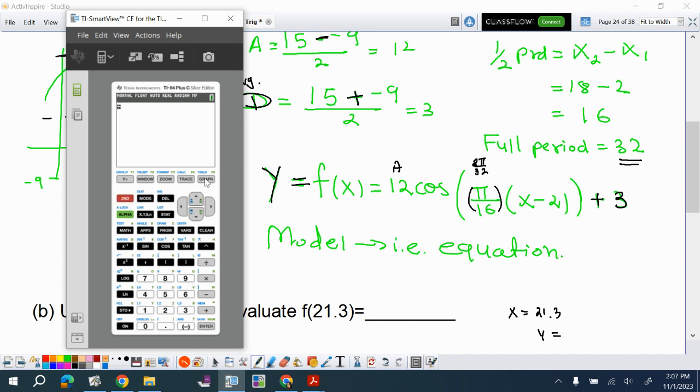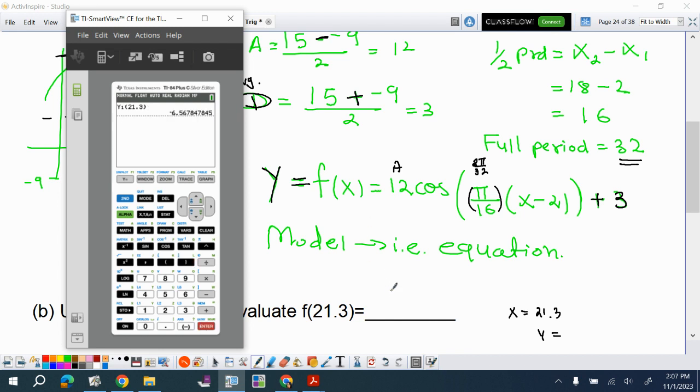Now, if you go in the table, you have to scroll down so much and then again you can't enter 21.3. So for that part, we have a nice fancy way to do it. Press alpha trace, y1, parenthesis, 21.3, close the parentheses, and you will get the answer.